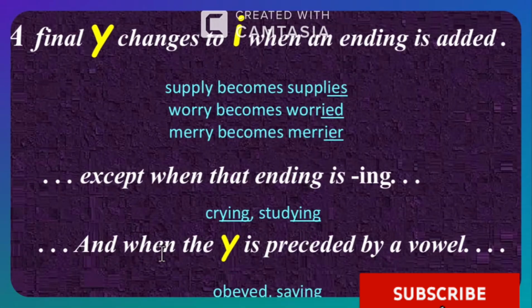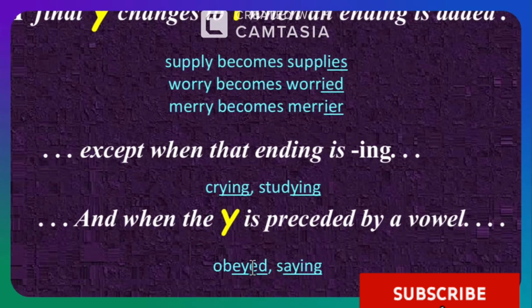And when the Y is preceded by a vowel, you're not changing that. For example, obeyed. We have E here, before Y we have E. So you do not change.